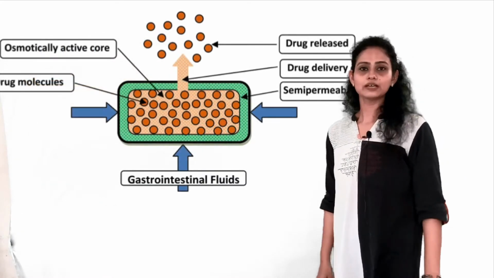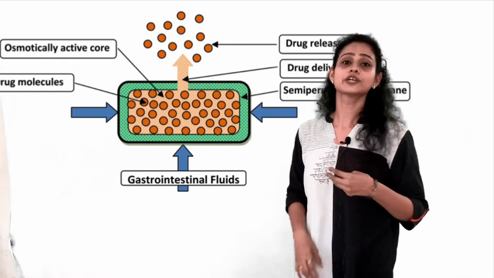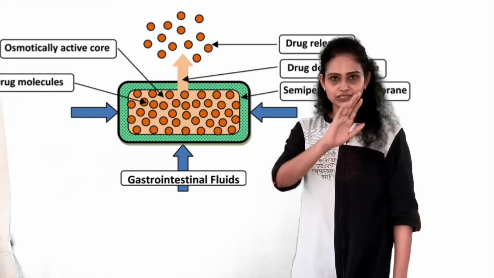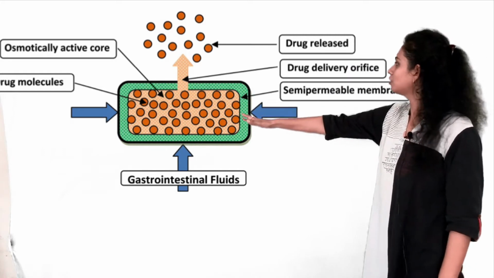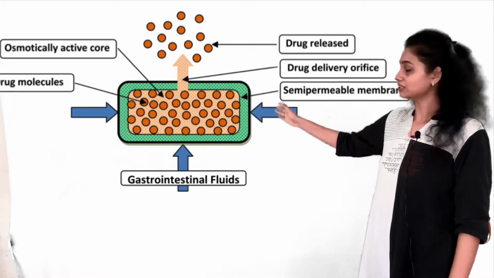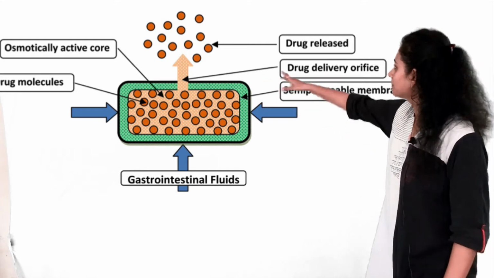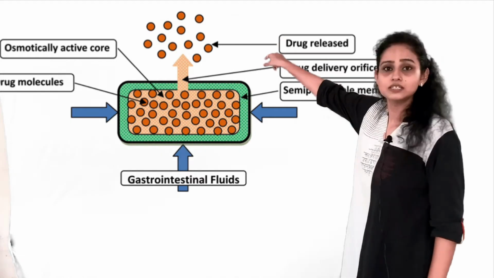Before moving ahead, let me make you understand how osmotic drug delivery system actually works. Then it will be easier for you to understand the other parameters. Let's take this example, the oral tablet of osmotic drug delivery system. As you can see in this system, this opening from which drug molecules come out is known as the delivery orifice.